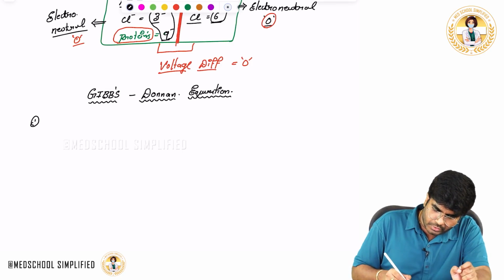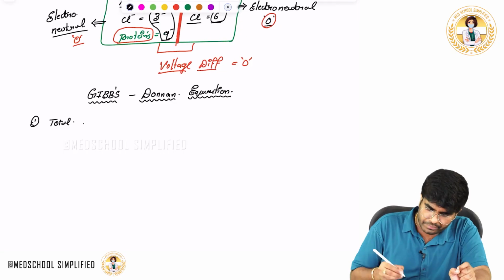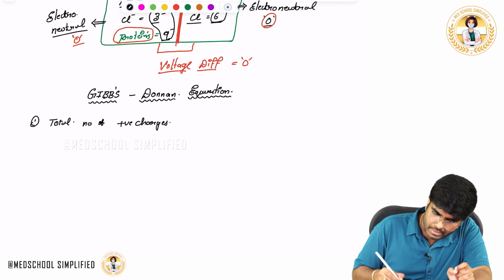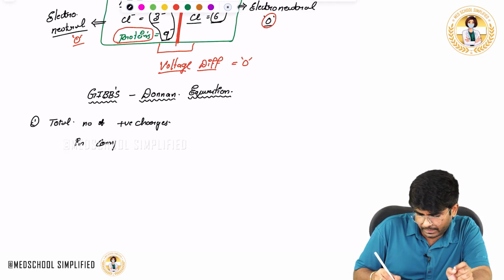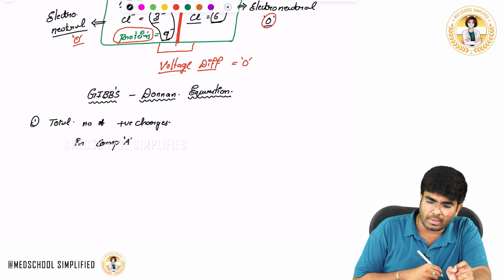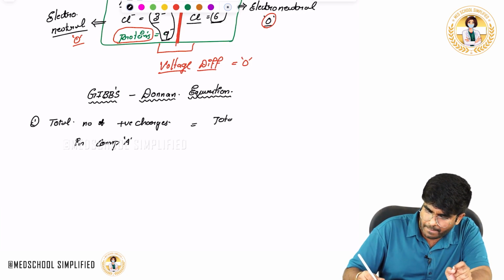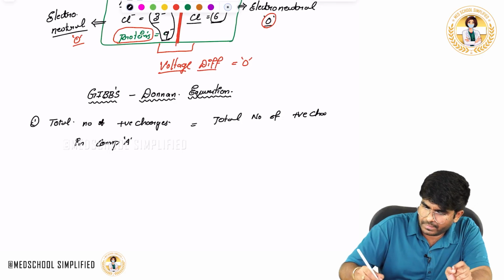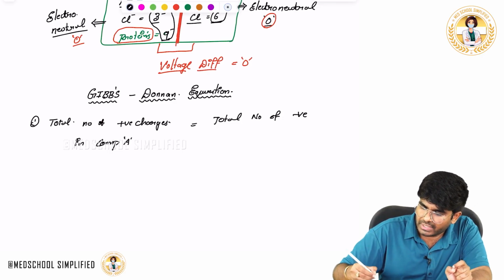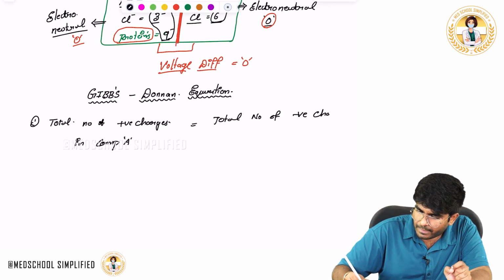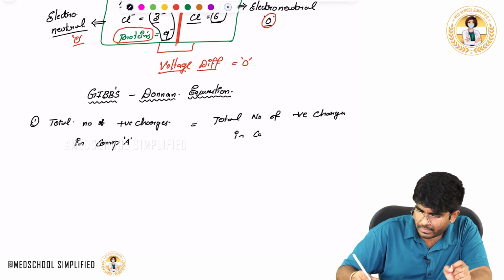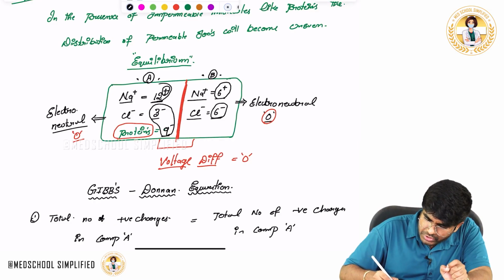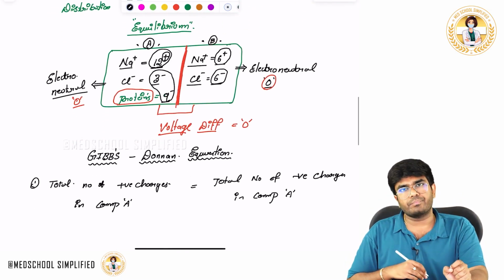First point: look at compartment A. The total number of positive charges in compartment A is equal to the total number of negative charges in compartment A. In compartment A, the number of positive charges is 12 and the number of negative charges is also 12.